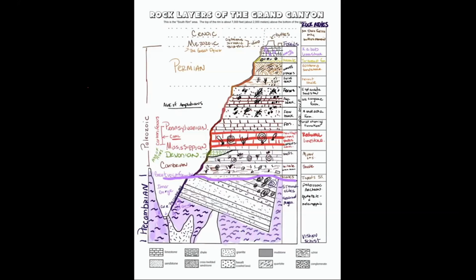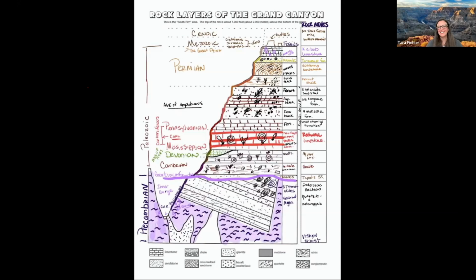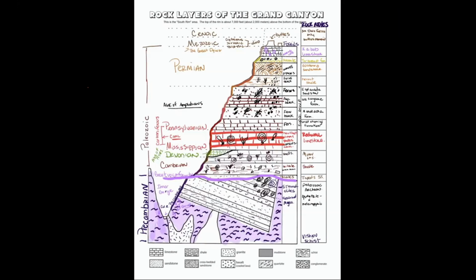I didn't know the Grand Canyon was that complicated. I thought it was just a line in the ground. Well, and this is just one part. I believe this is just the south side of it. So it changes. There's not a lot of places on Earth where you can find every single layer of the geological timescale. In this one, it's missing two layers.